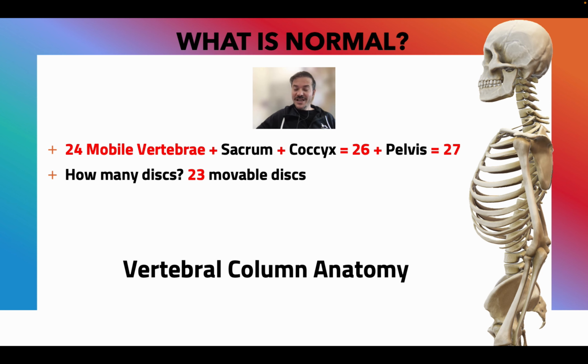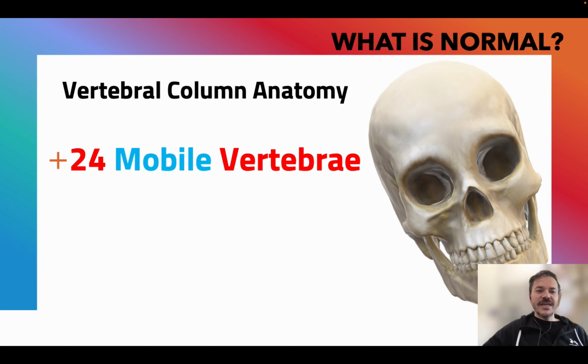If you include the pelvis, it is also part of the spinal column. And we have 23 movable discs. I'll say it again, we have 24 mobile vertebrae in a normal spinal column, and this is very important for surgeons when making fusion selection and decision making.